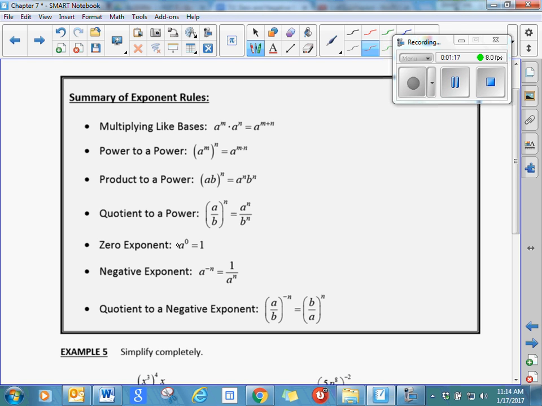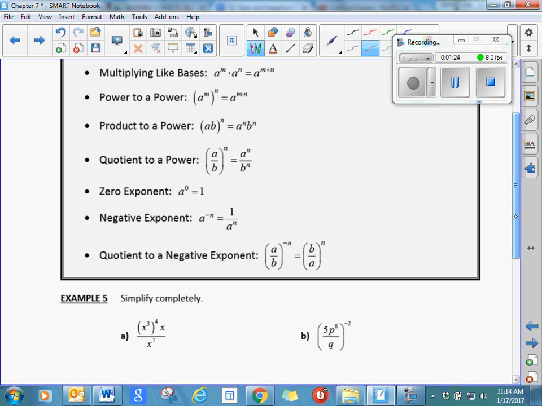Zero exponents, we said anything to the zero power is 1 because you're dividing something by itself. Negative exponents, last thing we talked about, if you have a negative exponent, you can make it positive by rewriting it as a reciprocal and changing the exponent. The other piece that's missing here is if you had 1 over a to the negative n, this would become positive by rewriting it as a reciprocal and changing the exponent to positive.